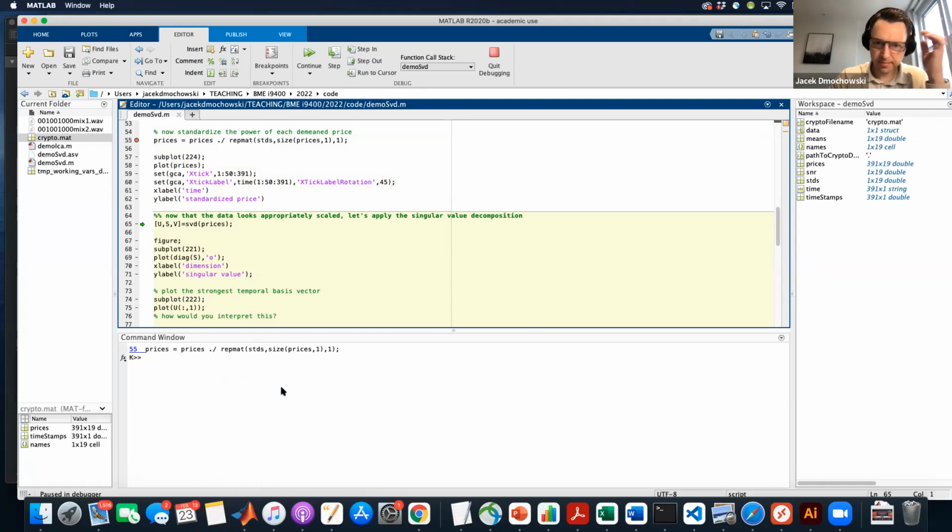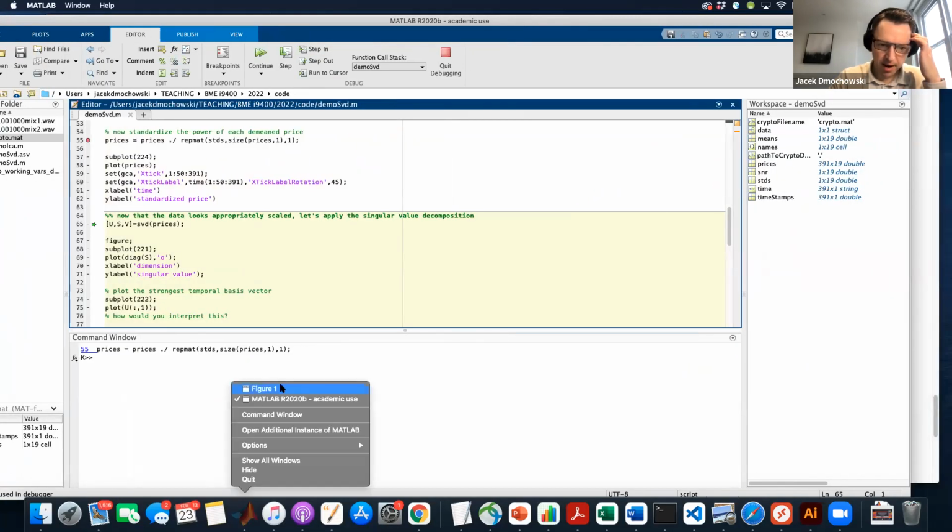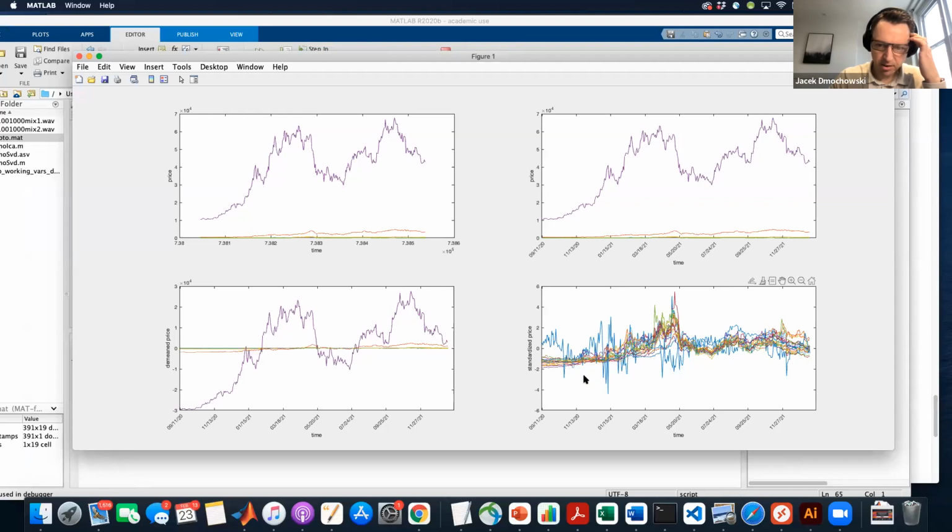Let me go back to the window. And now I have a nice looking, well-behaved data set, right? So this is just mean centered. This is mean centered and then compressed so that the power of the magnitude of the fluctuations in each currency are now equal to the same value, namely 1.